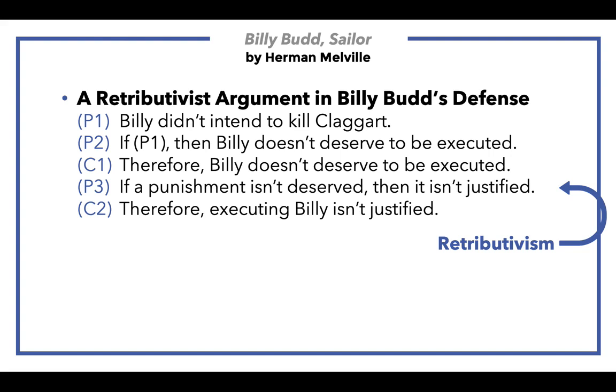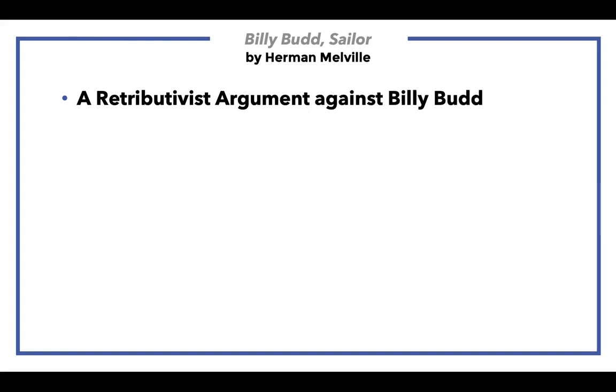So the mixed theorist is going to have a high bar for punishment. It's got to meet both the utilitarian and the retributivist conditions in order to be justified. Okay, so whether or not you accept premise 3 is going to depend a bit on whether or not you accept retributivism.